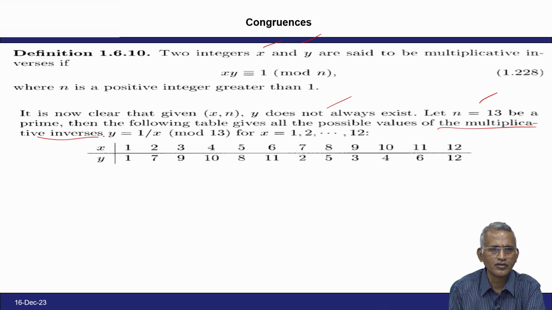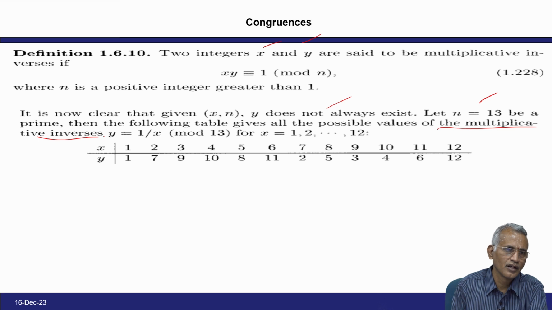Suppose you take x equal to 2, you have to take the modulo 13. The value is 7, because you have to take the division under modulo 13.